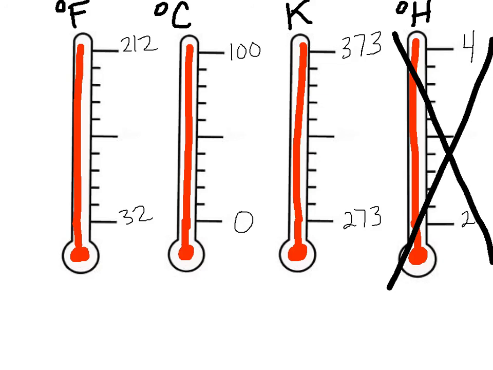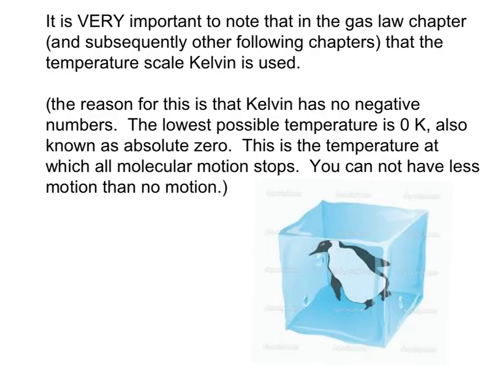One other thing I want to mention very quickly while we're on here, notice there is no degrees Kelvin. Temperature in Kelvin is just listed Kelvin. There is no degree symbol. It's just whatever the temperature, Kelvin. It's important to note that in the gas law chapter and subsequently other following chapters, the temperature scale that we very often are going to use in chemistry is going to be the Kelvin scale.